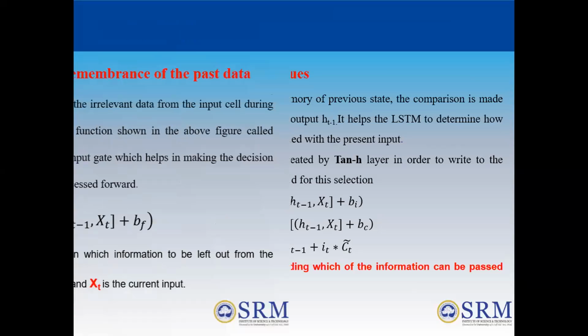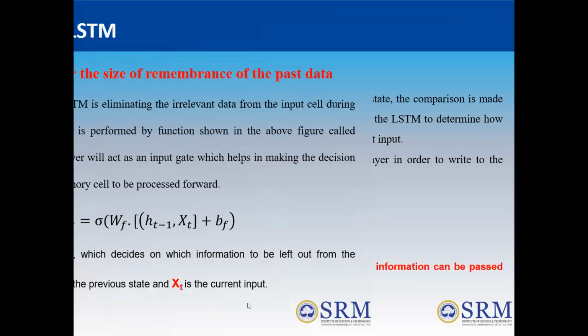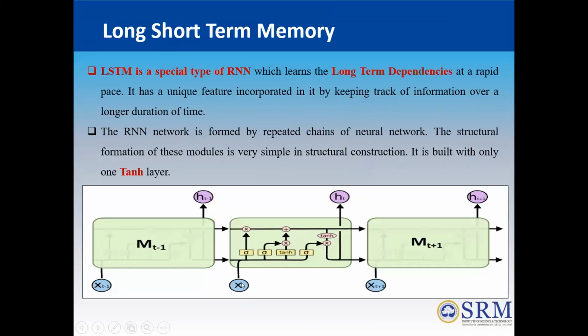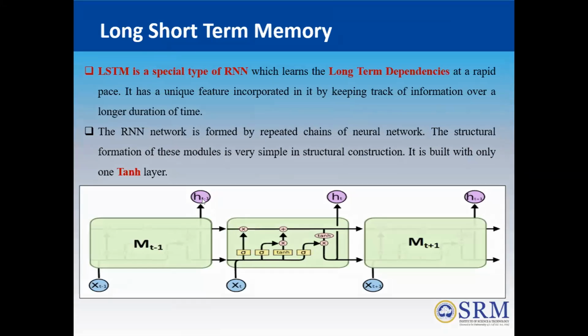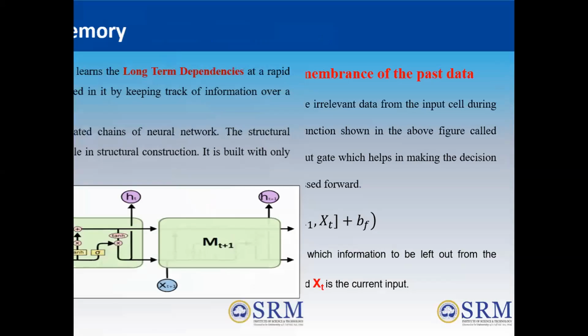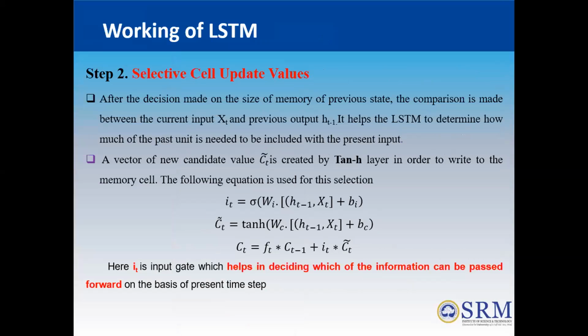That is the second step. You're going to make a comparison between the values of x of t and ht minus 1, which is the output of the previous step. Here you determine how much of the past input is going to be included in the present input to be processed and forwarded to the next level, that is the output gate.